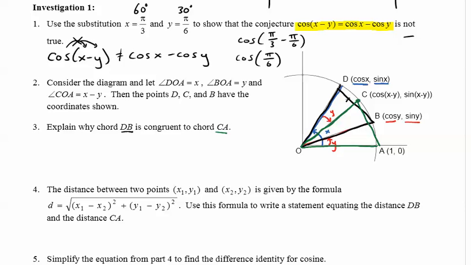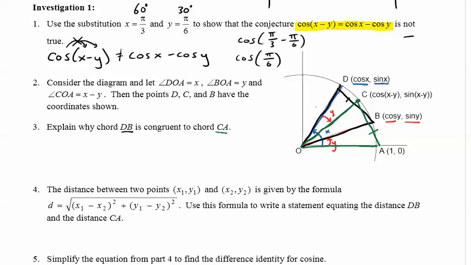This length looks about the same as this length. Let's see why. Well, in order to prove congruency, I need to use some sort of triangle theorem, like side, side, side, or angle, side, angle, or side, angle, side. So let's see if I can find some things on the green triangle and the black triangle that are both the same. So first I need to prove that the black triangle and the green triangle are congruent.